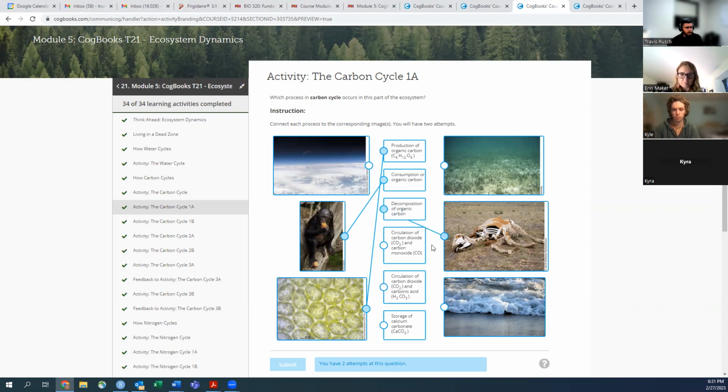And then these get a little bit more challenging. What about circulation of carbon dioxide and carbon monoxide? That only happens in the air, right? Because carbon monoxide exists in the atmosphere, up in the air. Yeah, both of them do. Carbon dioxide and carbon monoxide are gases, right?